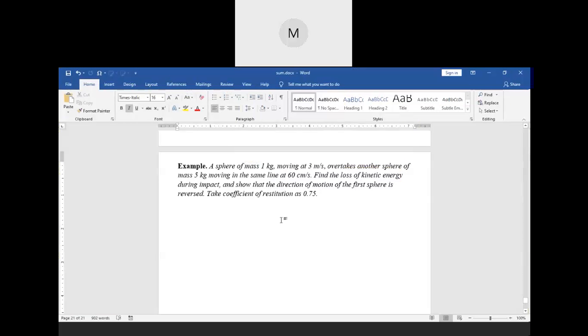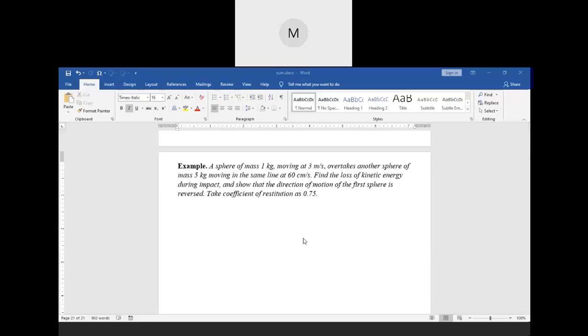Can you all see the screen? Okay then, try to do the numerical. In this numerical, it is given that the mass of the sphere is 1 kg. It is moving at 3 meter per second. Now it overtakes another sphere of mass 5 kg, which is moving in the same line at 60 centimeter per second.